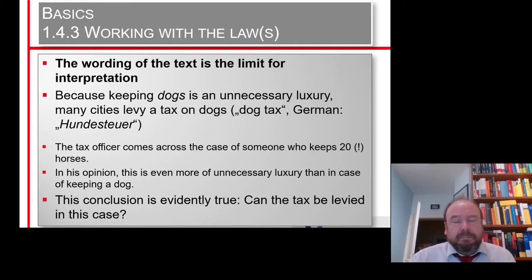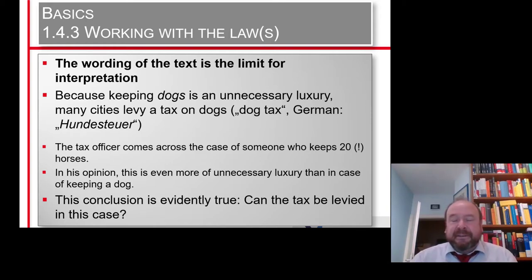It produces some harm to the environment, and so now a tax officer might come to the conclusion somebody who has 20 horses is far richer than somebody who has one dog, and who keeps 20 horses, wastes far more money in an unnecessary way than somebody holding one dog. And the harm done to the environment and the streets might also be higher. So that tax officer might come to the conclusion such a person should also deserve to pay a tax.